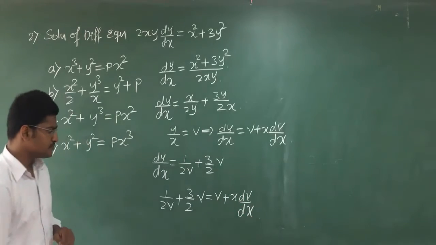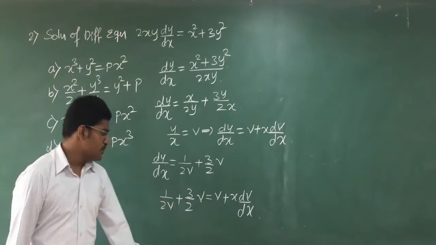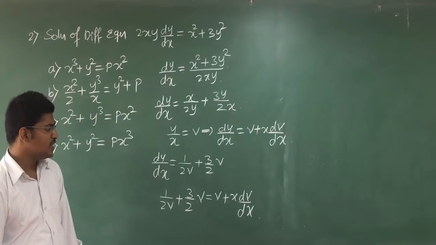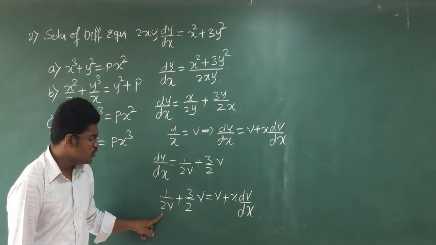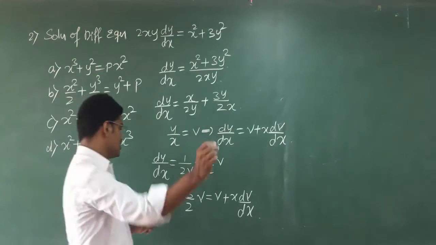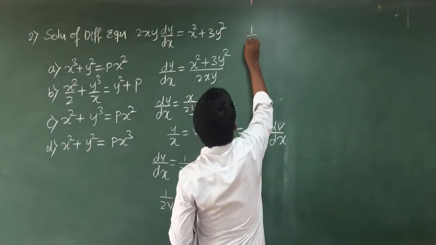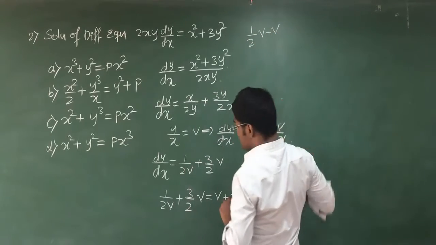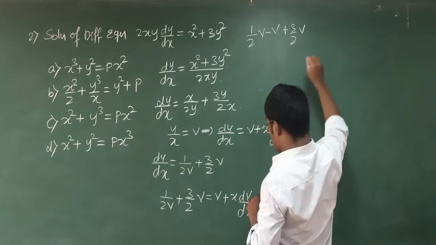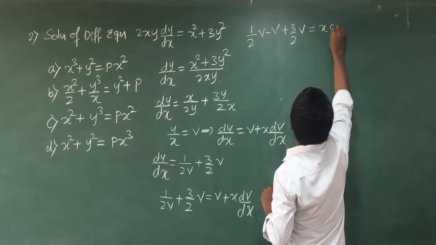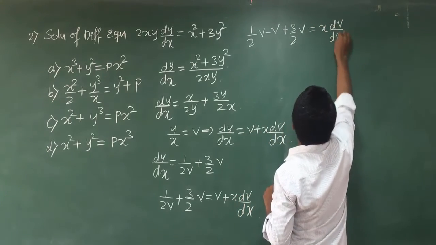Clear? Further you can simplify the terms, so I will take v on this side. It will be 1 by 2v minus v plus 3v by 2 equal to x into dv by dx.